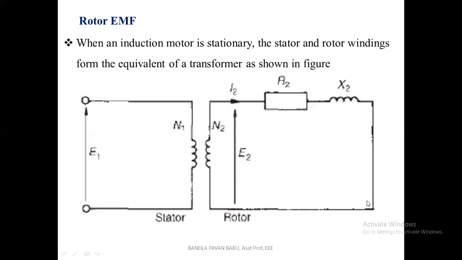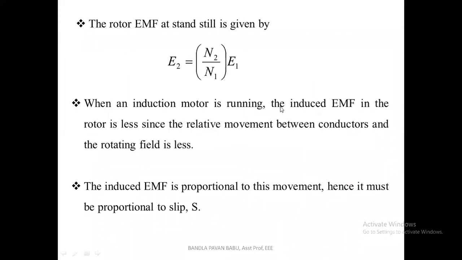Since the circuit is closed, there exists the secondary current I2, or the load current, and the impedance R2 plus jX2. So it appears to be the equivalent circuit of a transformer. As per the transformation ratio we have discussed, E2 equals N2 by N1 into E1.